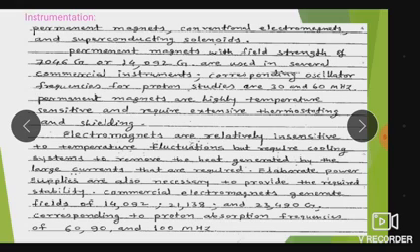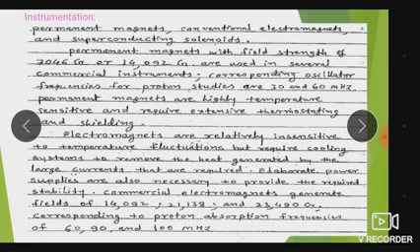The corresponding oscillator frequencies for proton studies are 30 and 60 megahertz.